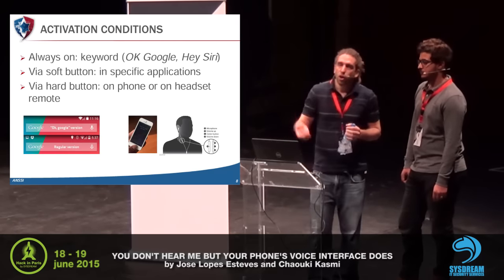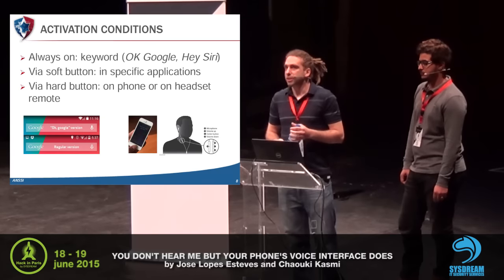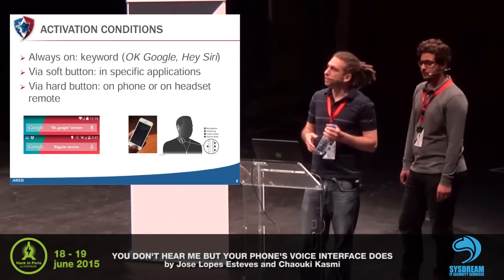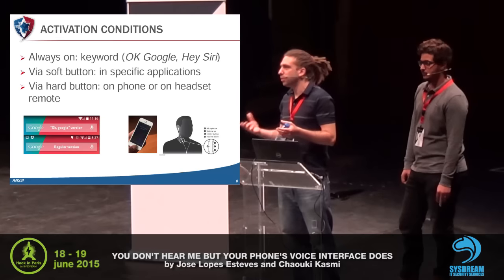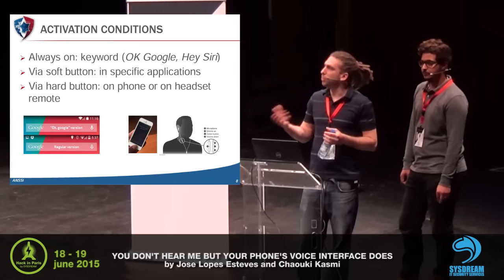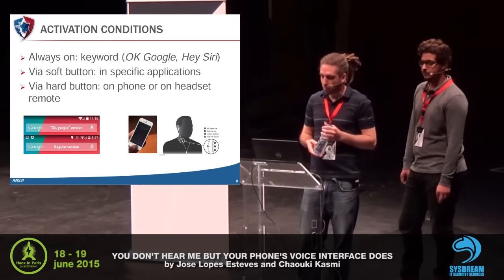So when the voice interpreters are always activated, the user just has to pronounce a keyword, and then he can say the command he wants to see executed on the phone.